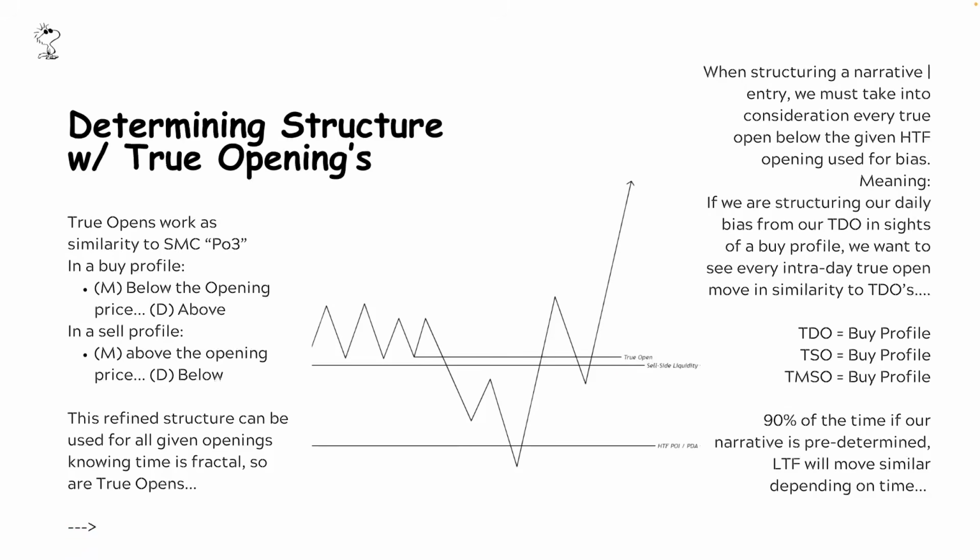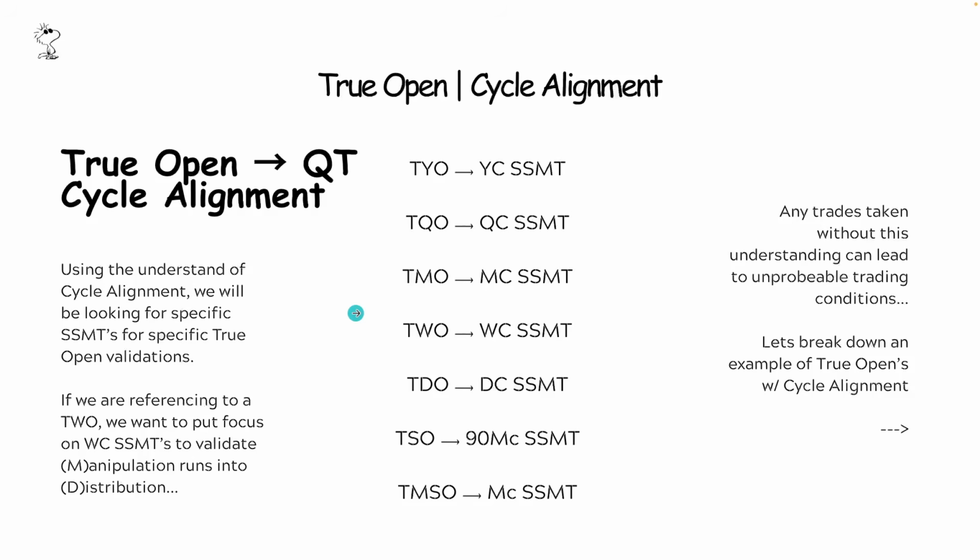What will always confirm a high probability pivot is validating our true opening prices. In order to validate our true opening prices, we want to see an SSMT, but not any SSMT, an SSMT that is going to correlate to this specific true opening. Understand? True opens are fractal, so are sequential SMTs as well. Time is fractal. Quarterly theory is fractal.